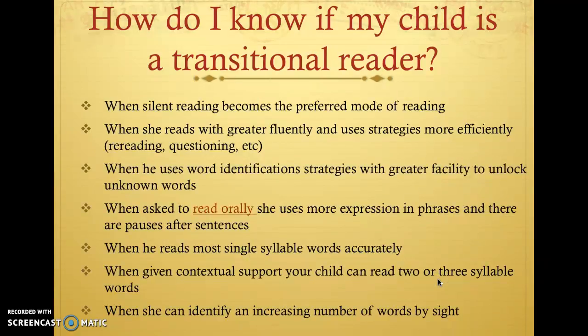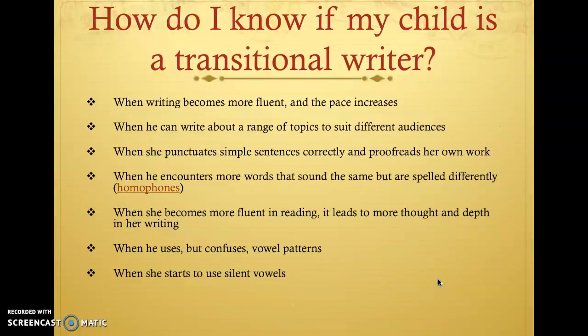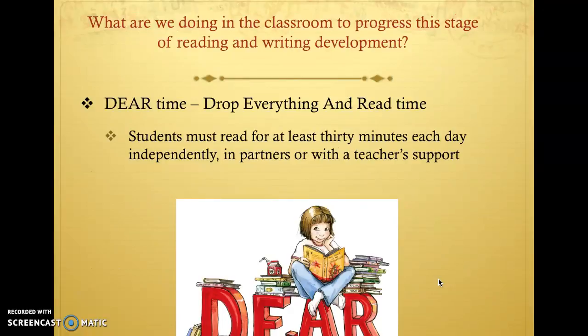Okay, so here are some ways that you can tell if the child is a transitional reader. So one thing that you can do in a classroom that's very simple is give every child time to read.